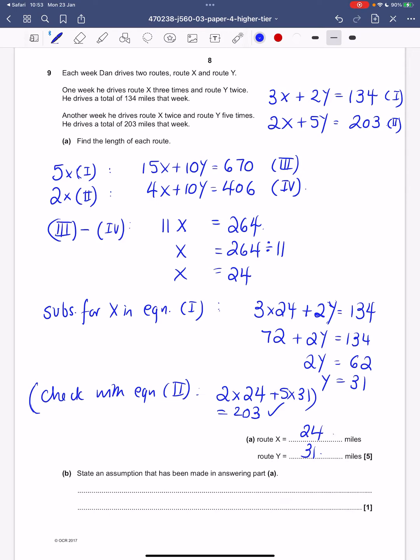Not exactly sure, that he only uses his car for that and nothing else, but it says he drives that route 3 times that way. I'm thinking that it's 134, assumption that has been made. Oh gosh.